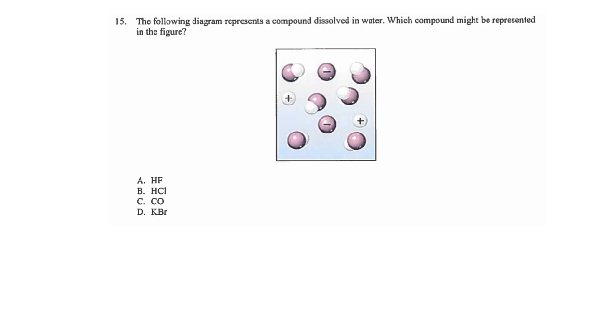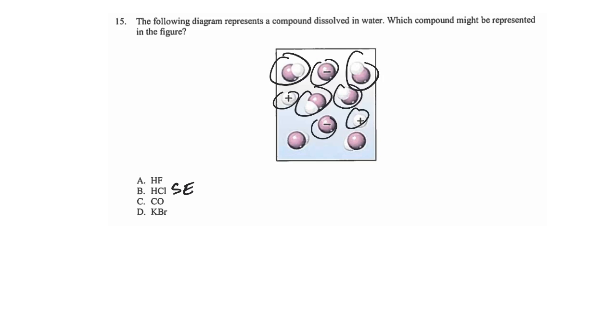The following diagram represents a compound dissolved in water. Which compound might be represented? Okay, so what we have are some intact molecules. We have some ions that have been separated. So what it looks like is the case of having a weak electrolyte, because we have some intact molecules, some ionization. So HCl in water would be a strong electrolyte.